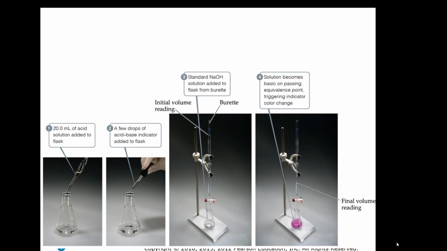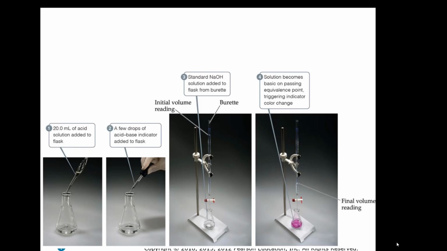The standard solution is placed in a burette, this long tube-shaped thing, and small volumes of the titrant are added from the burette to the analyte in the indicator solution. And we do this until the indicator solution changes color. The point or volume in which the indicator changes color is the endpoint of the reaction.